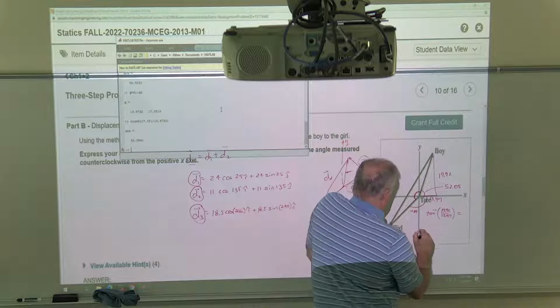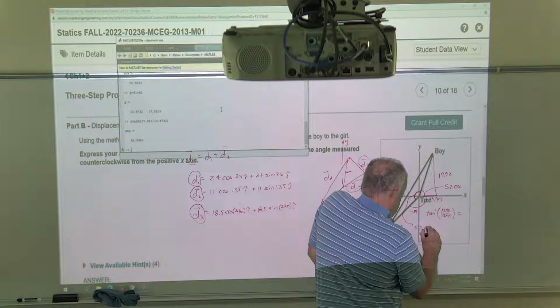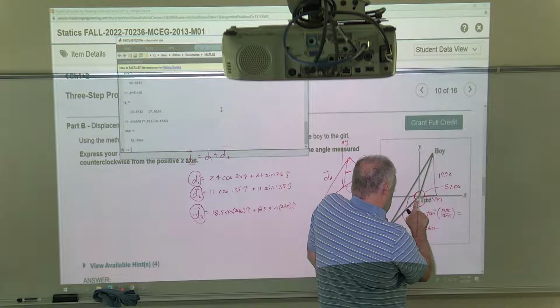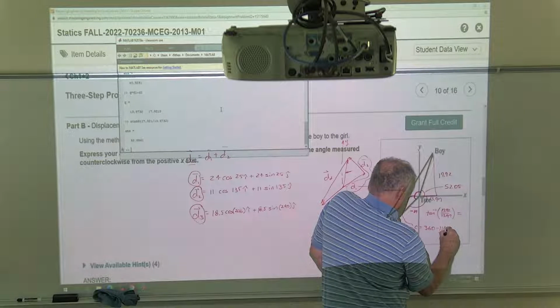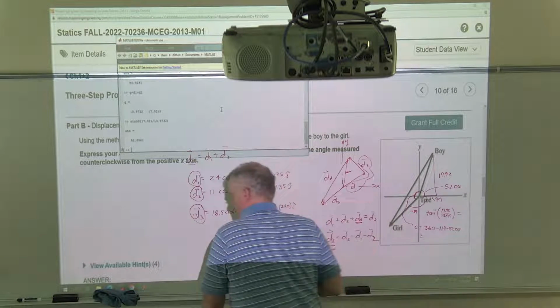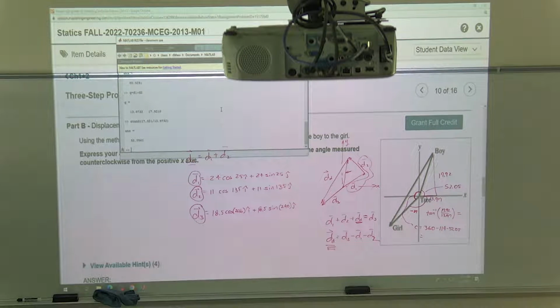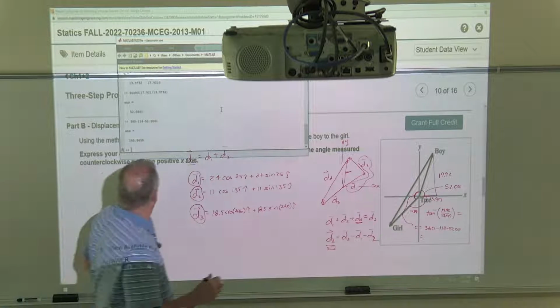So this angle, which I'll call, for lack of a better name, little c, is 360 minus 114 minus 52.05, which is 193.94.